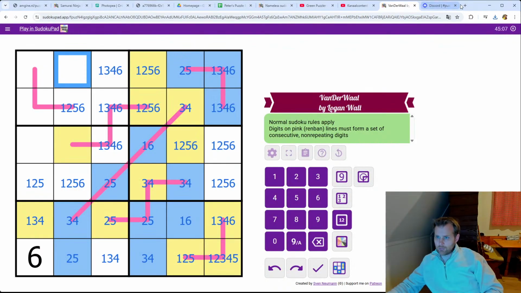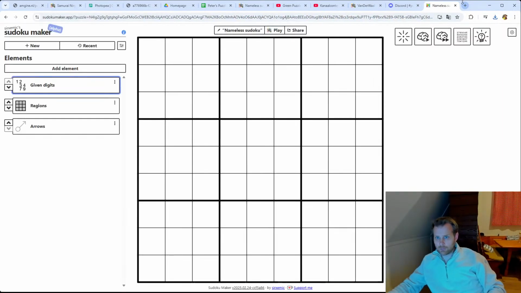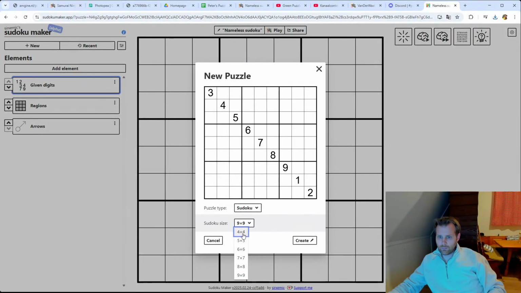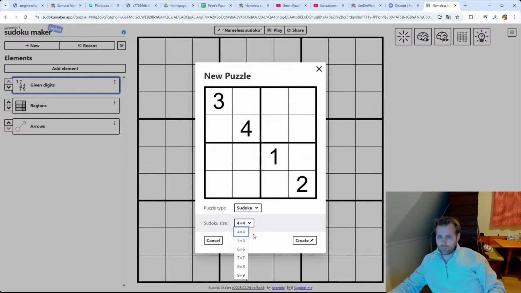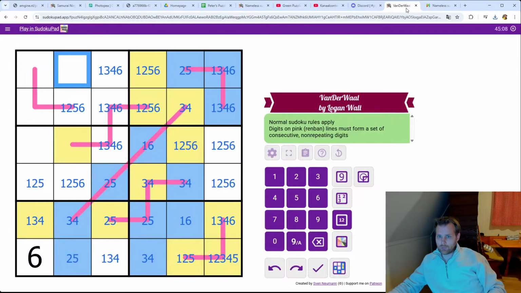Yeah, what I'm going to do with this one is very simple. Sudoku Maker. And I'm going to recreate it.